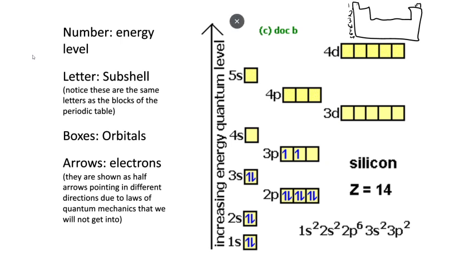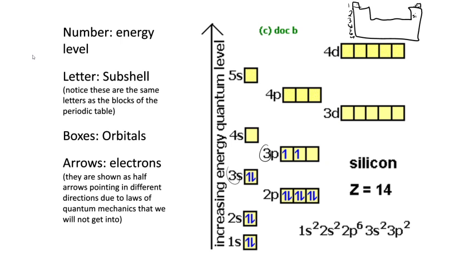So the number that's along the side here really is telling you the energy level that the atoms in that row, right, row going across, have their outermost electrons in. All right, so silicon, because its outermost electrons are the last electrons that it has here on the third energy level, you know that it's going to be in the third row here, and actually it's right about there.